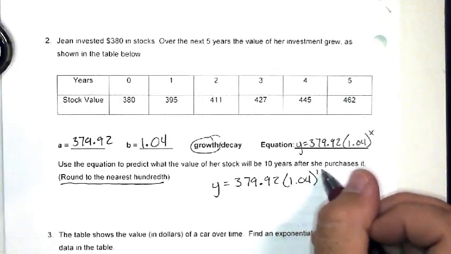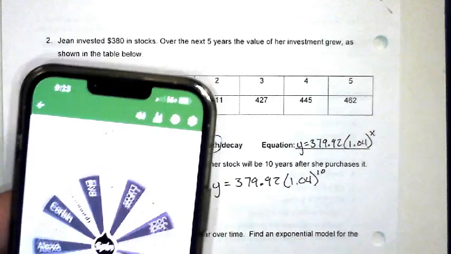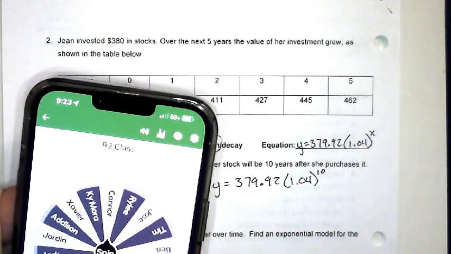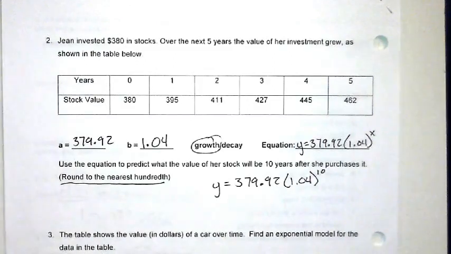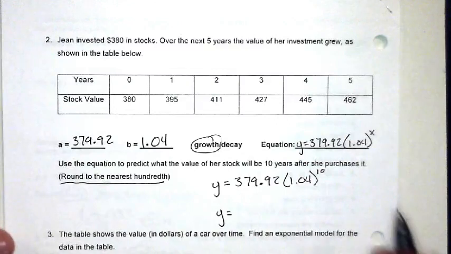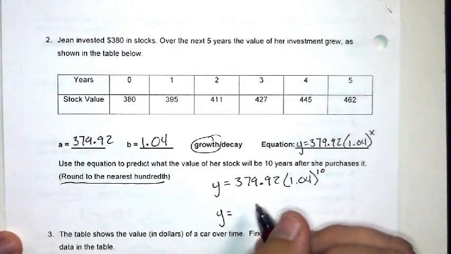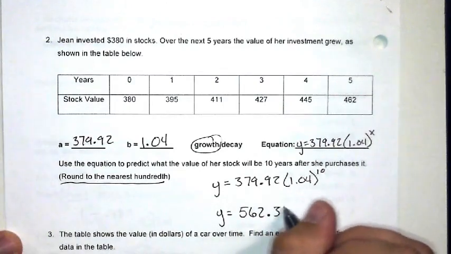And the person who's going to tell us that answer rounded correctly is Kamora. What'd you get? 162.37. What is it, though?